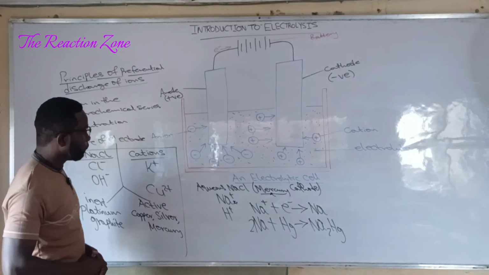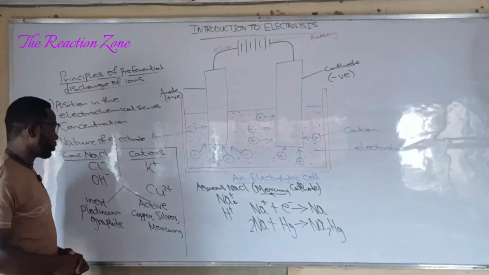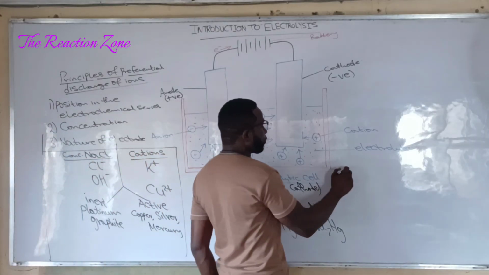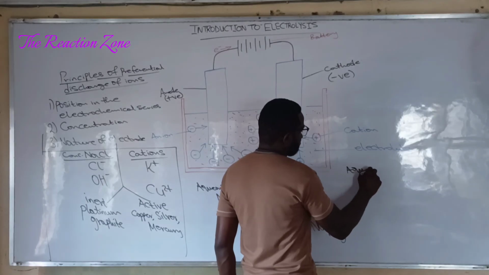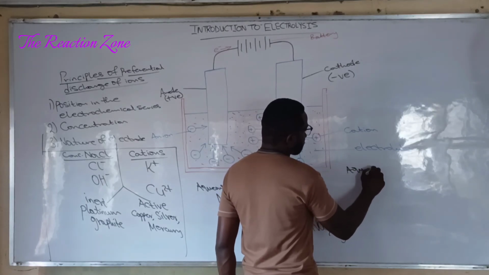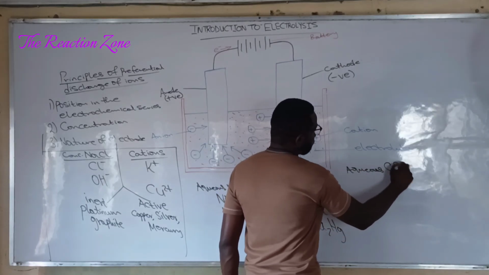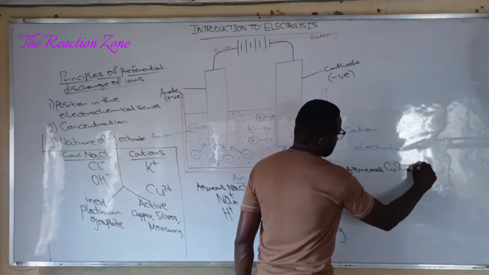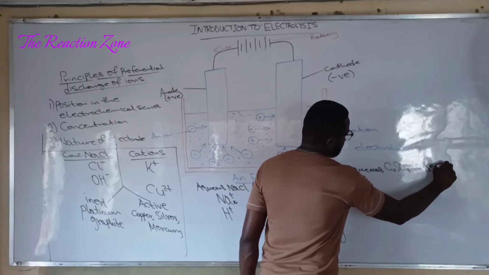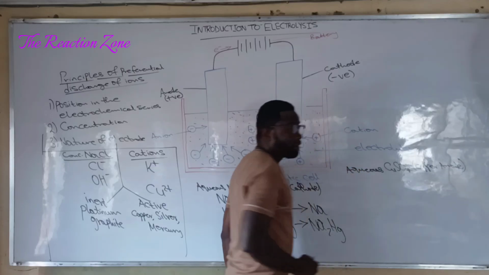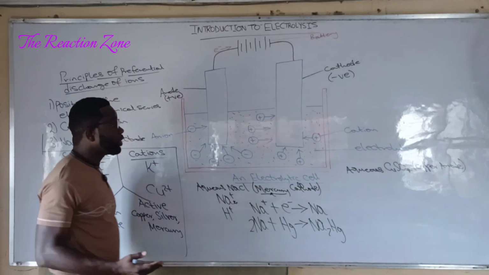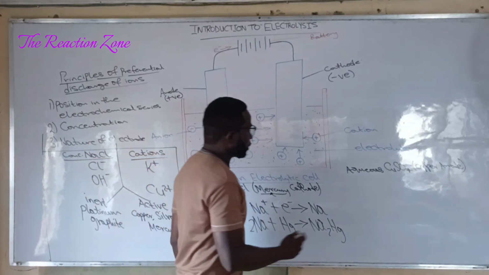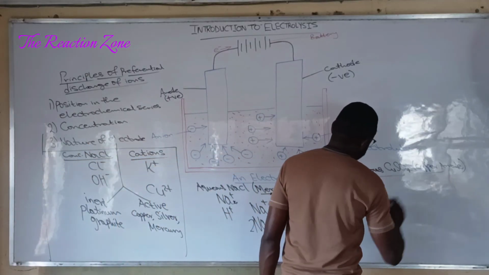Another example involving the anode, which we can look at, is in the electrolysis of aqueous CuSO4 using copper as the anode. In the electrolysis of aqueous CuSO4 using copper as the anode, there are two types of anions.